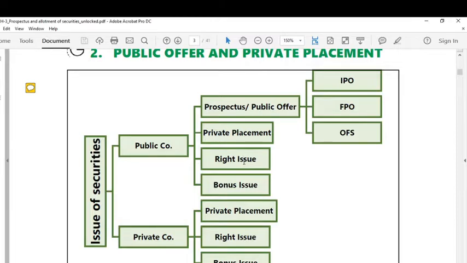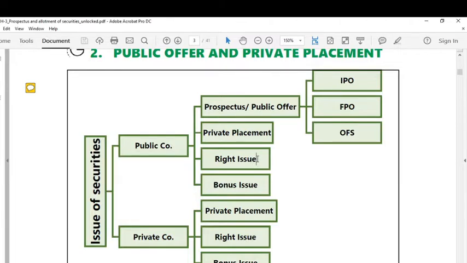See, dear students, a right issue means issuing of the right to the existing shareholders to subscribe for the shares of a company. Which is to say that these shares are not offered to all the public. These are the shares which are offered to the existing shareholders only.